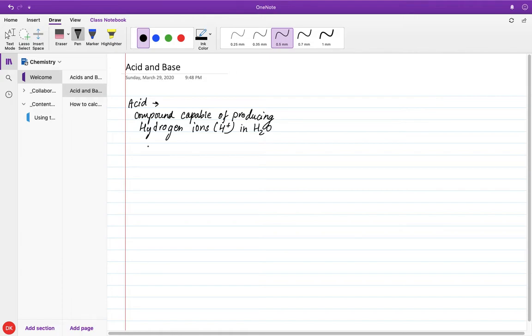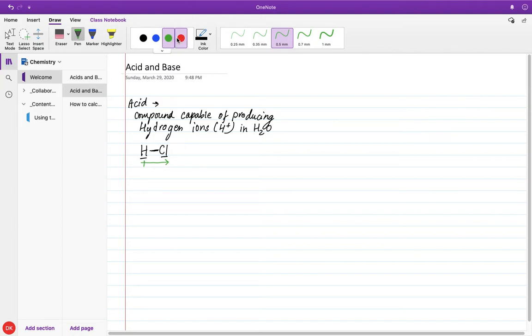For example, you have hydrochloric acid. Hydrochloric acid has hydrogen and chlorine bonded by a single bond. However, if we look at the electronegativity of hydrogen and chlorine, chlorine has higher electronegativity than hydrogen.